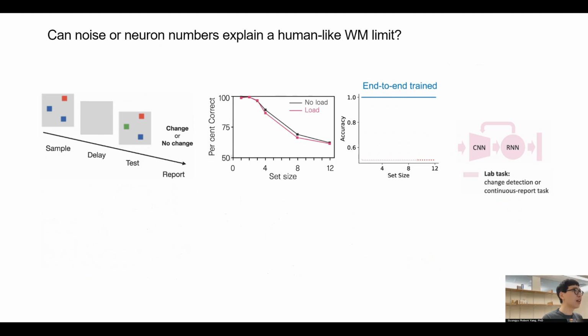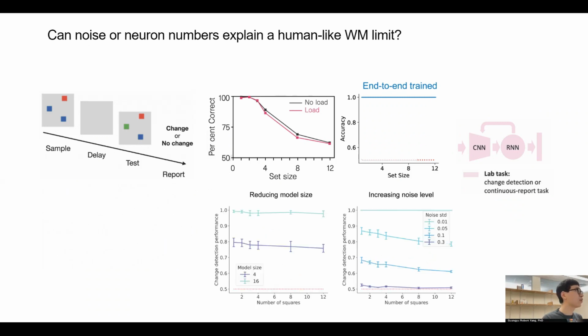Now, it turns out if you do either of these things, it doesn't work. You can successfully bring the overall performance down as expected. If you inject lots of noise, you will essentially not be able to do any task meaningfully. Similarly, if you make your model very, very small, it won't be able to do the task. But the way that it fails is interesting.